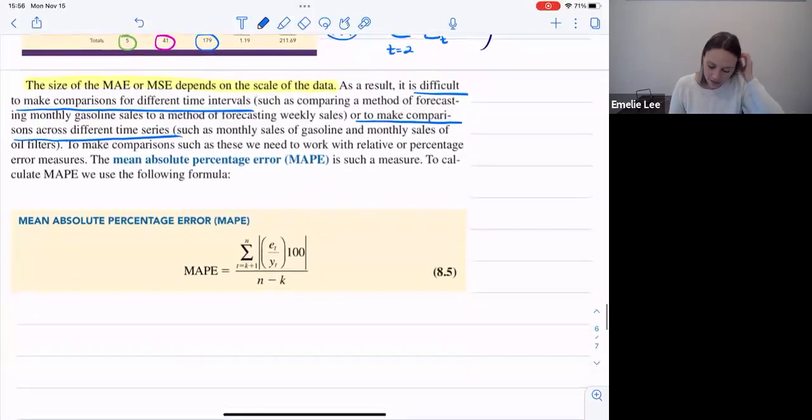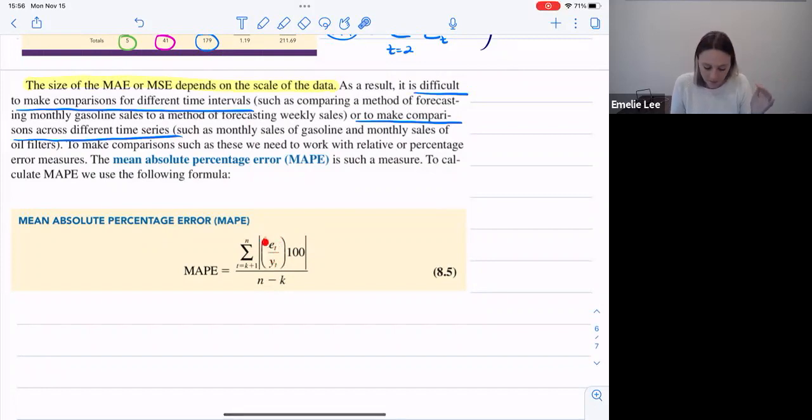Okay. And so again, this summation looks really nasty, right? But we're going to talk about it. It's going to be the forecast error divided by the actual value, because we have historical data. We can forecast, but we also know what actually happened.